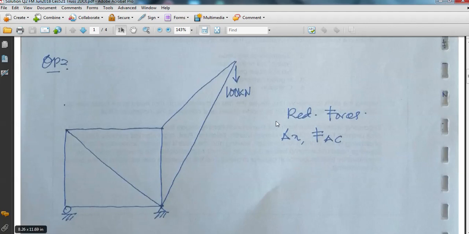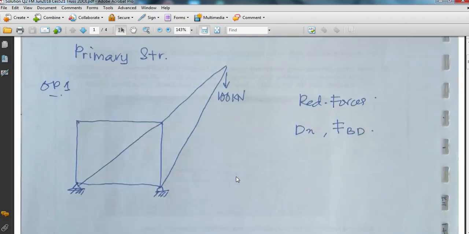Normally for internal we will remove the cross member, as long as your system is statically determinate. You can remove whatever reaction and member as long as your structure is statically determinate. So this is how we sketch the primary structure.